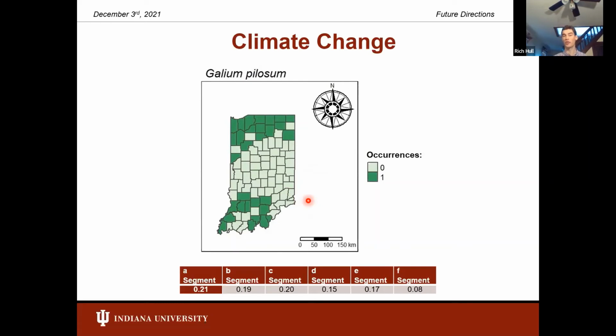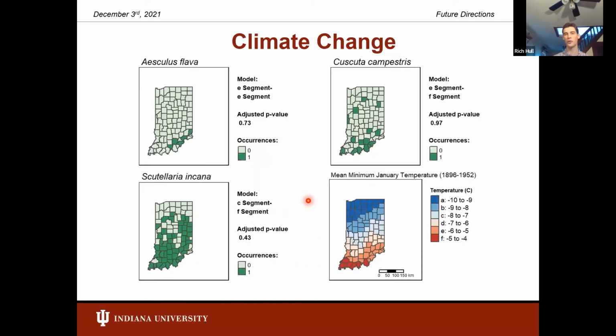Now, historically, it's likely the species was contiguous throughout the state, and because of major deforestation in the middle region, has since been extirpated. Now, we can go a step farther, and we can take these species that do not fit the null model, that they are equally distributed among the climate segments, and we can test them against alternative models.